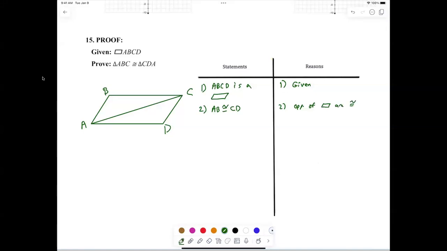AB is congruent to CD and BC is congruent to AD. So we now know that this is equal to this, and this is equal to this. Now, what do we say? AC is congruent to AC.